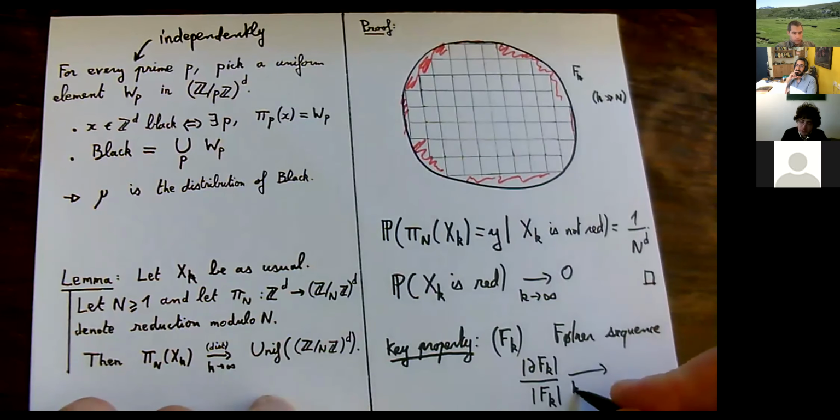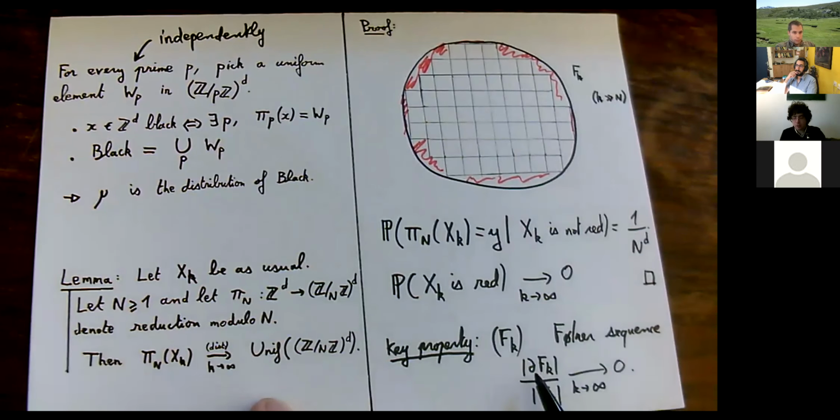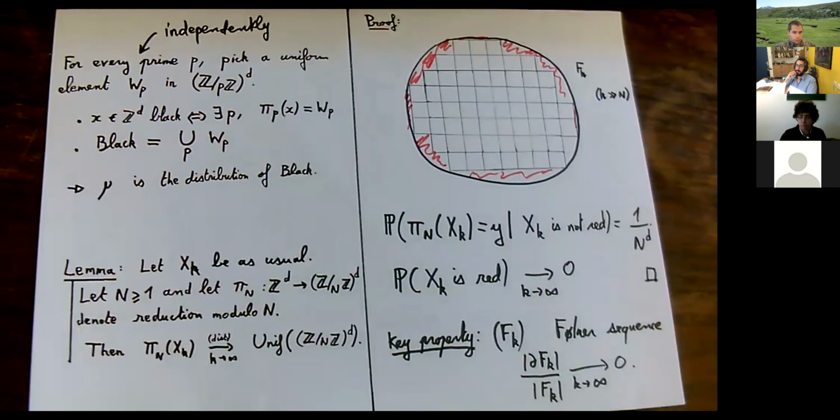So it's an isoperimetric condition. And the boundary of Fk means just take Zd to be endowed with its usual graph structure. It's the set of edges that have one foot inside, one foot outside of Fk. And it turns out that this property does not depend on the Cayley graph structure. It's an intrinsic property that can be stated with the group only. We don't need graph theory, but it's easier to visualize this way. Okay, good. So we have this lemma.